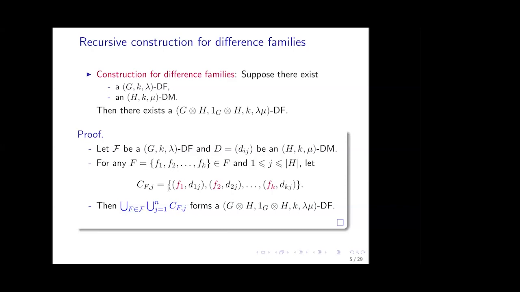And then we construct a k-set, capital C(F, j), like this. Each element consists of two coordinates. The first coordinate is just F1, F2, ..., Fk. And the second coordinate consists of the columns of the difference matrix. So the jth column: the first element is D1j, the second is D2j, ..., Dkj.